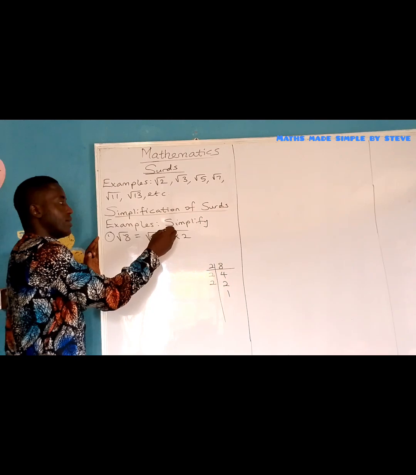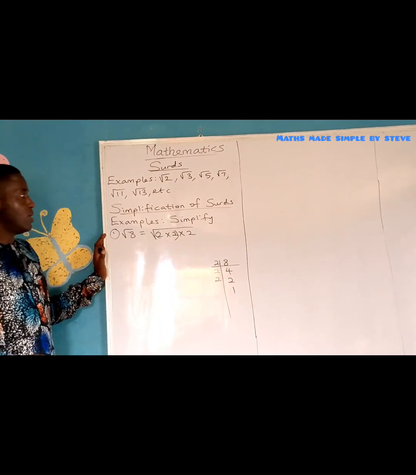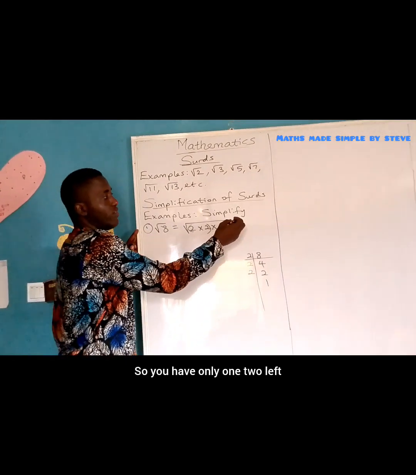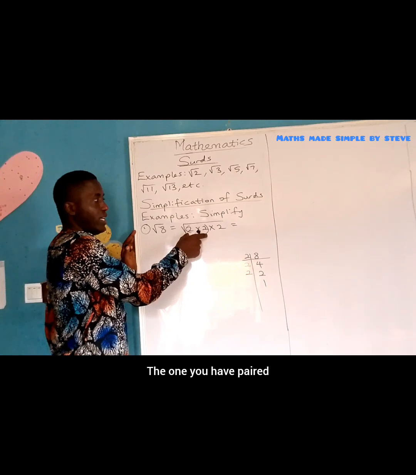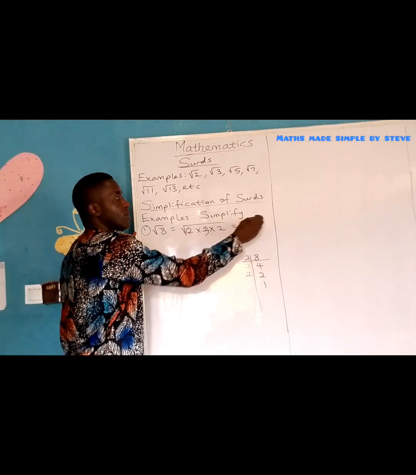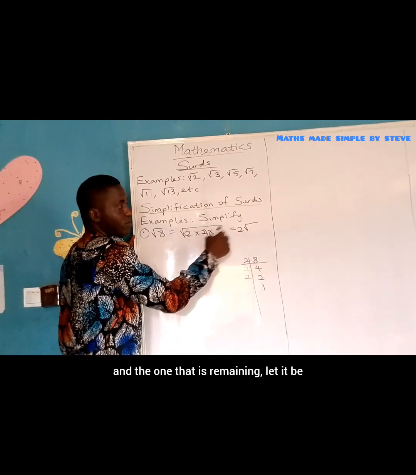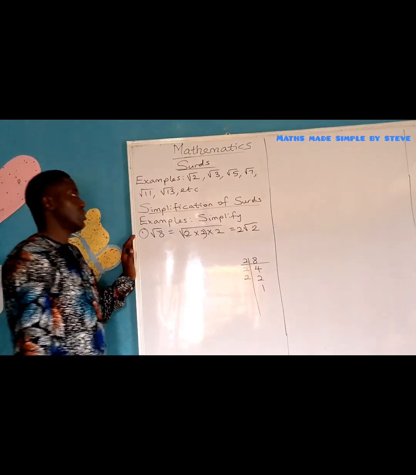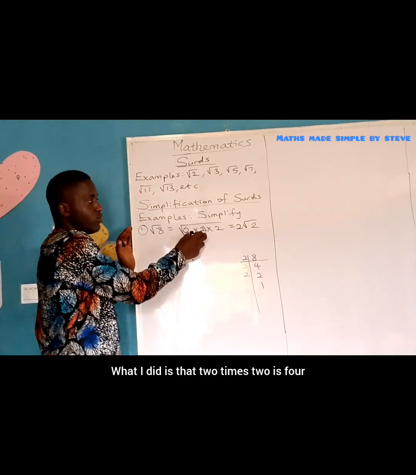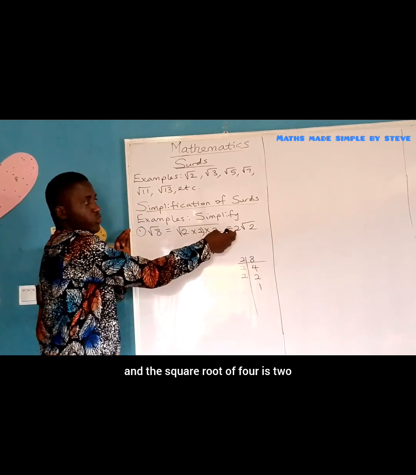So pair those that are the same. You have only one 2 left. For the pair, take one out of them and put it outside the square root, and the one that is remaining, let it be. What I did is that 2 times 2 is 4, and the square root of 4 is 2.